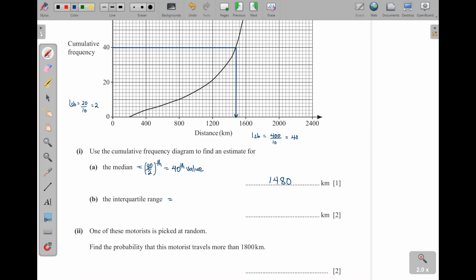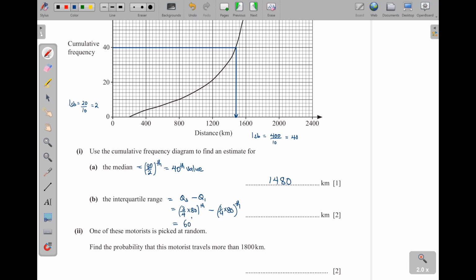And then the next one, interquartile range. This one is equal to Q3 minus Q1, the upper quartile minus the lower quartile. This is 3/4 of the 80, and then minus a quarter of the 80. So 80 divided by 4, that is 20, times 3.